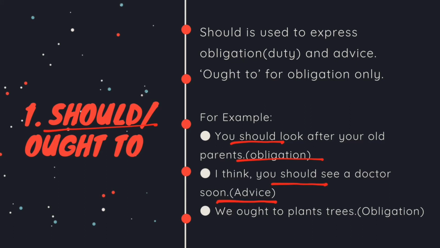Then the next is, we ought to plant trees, obligation. So we are telling some group of people that we ought to plant trees, that it is our duty to plant trees. That is why we have used ought to when we are obligating someone. So that is the rule of should and ought to.